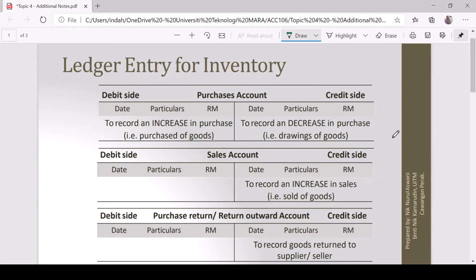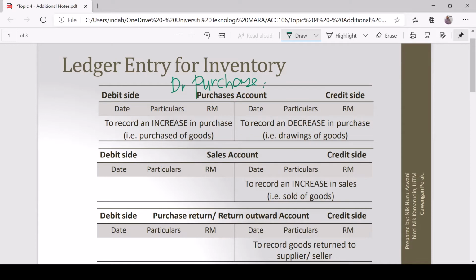So what will be the journal entry? When you purchase the goods, the journal entry would be debit purchase. Why do we debit purchase? Because purchase is one of the expense accounts, and it increases the expense. So when it increases the expense, you debit purchase.